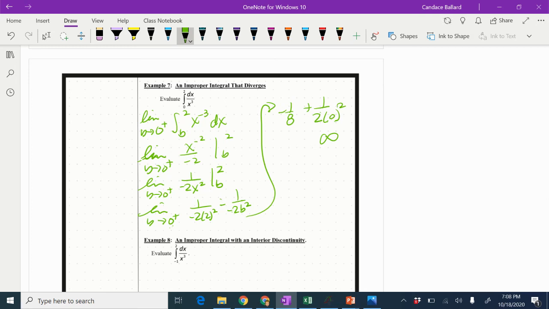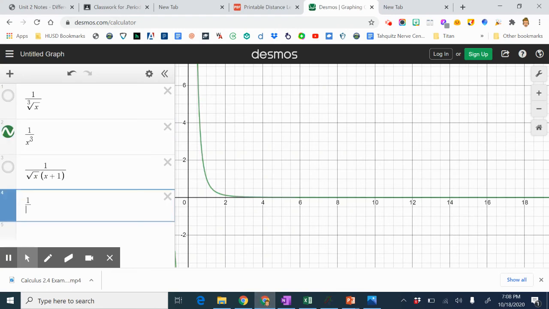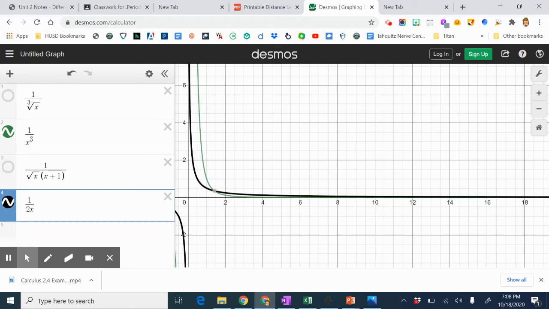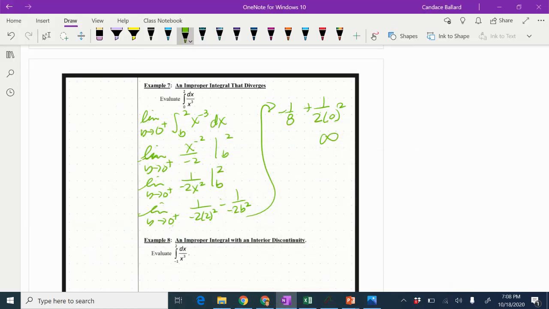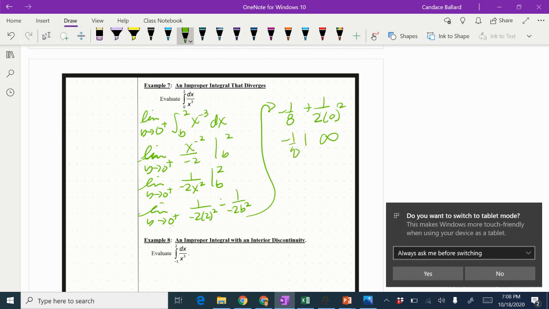Let me put it into Desmos really quick. Let's just say I had 1 divided by 2x. Do you see the black that just popped up? As I'm getting closer and closer to 0, I am going up, up, up. So that's the infinity, and then plus the 1/8, which is really negligible, or minus the negative 1/8. So therefore it's infinity, so therefore it diverges.